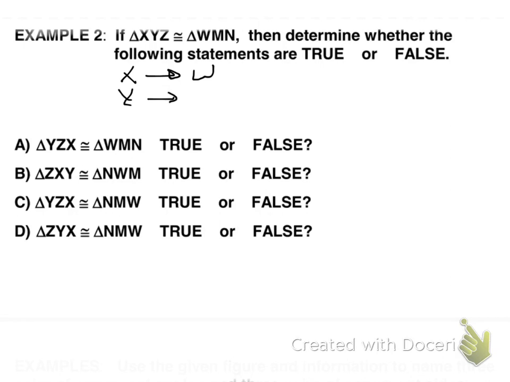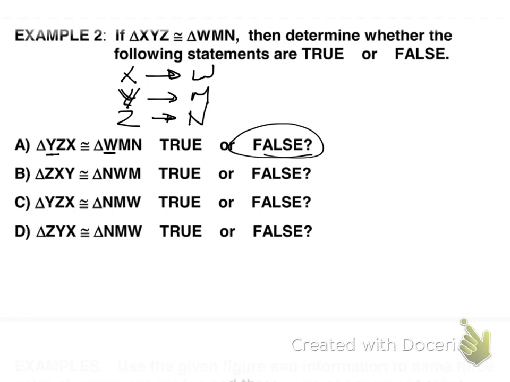Y is corresponding with M, and Z is corresponding to N. So, triangle YZX would be congruent to WMN. Is that true or false? Well, we have YZX. Well, Y should be the same as M. Well, that's not the first off the bat. We're not the same. We've got Y corresponding with W. So we know that that is not true. So it's false.